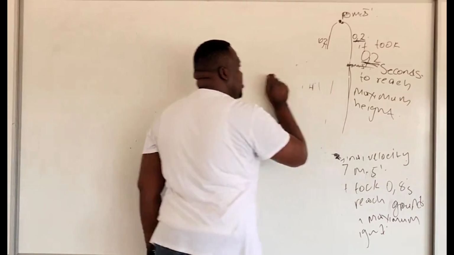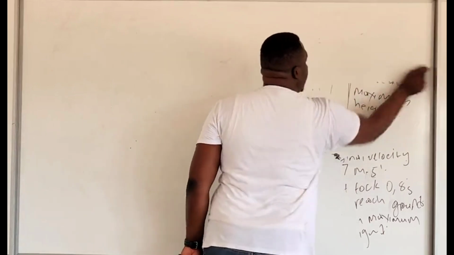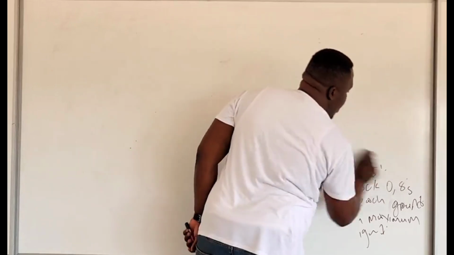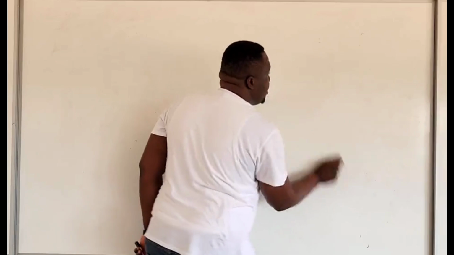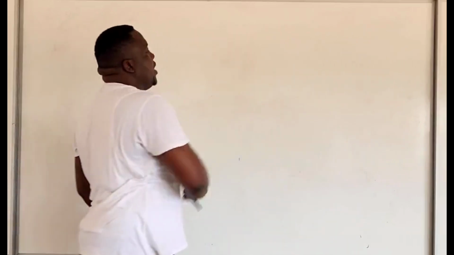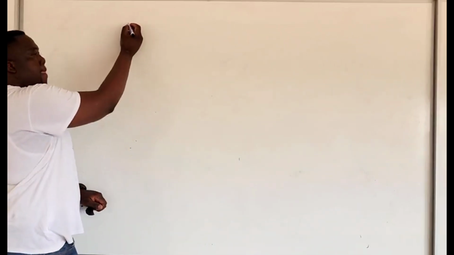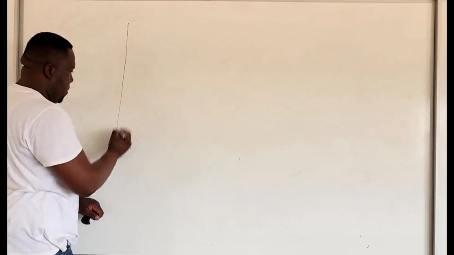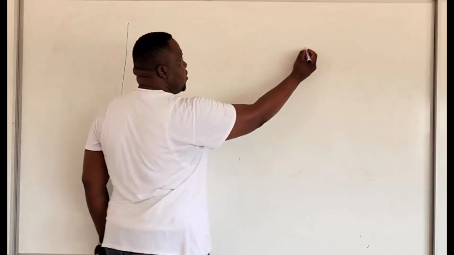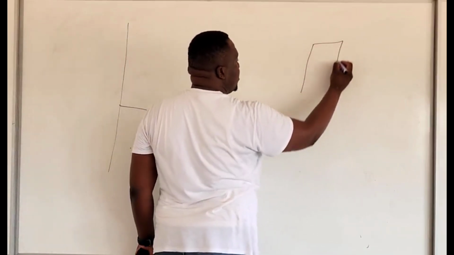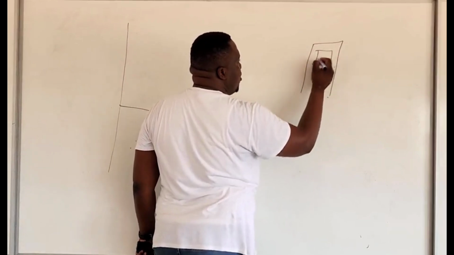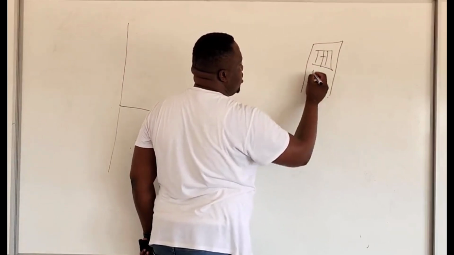Let us talk about a situation whereby an object is not moving up and down. An object is projected down. How do we represent that scenario where an object is projected down? Let me say someone is standing at the top of a very nice double story.